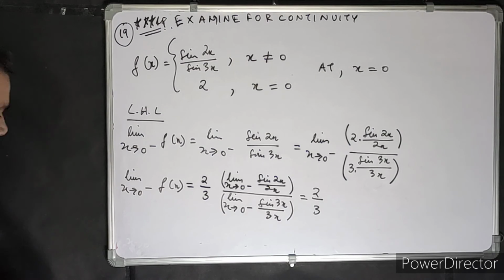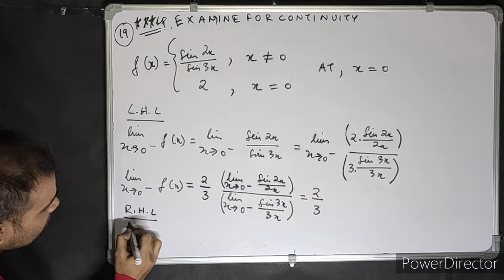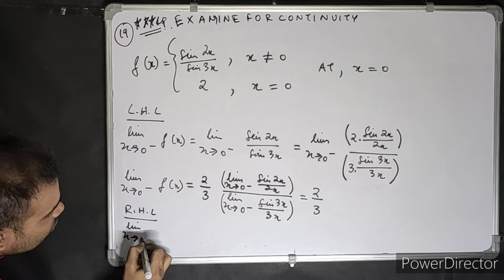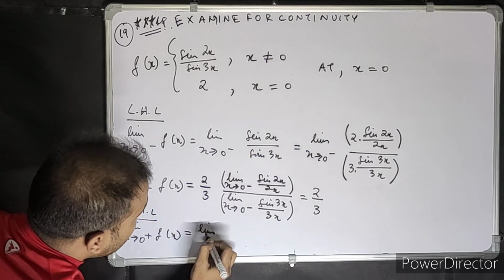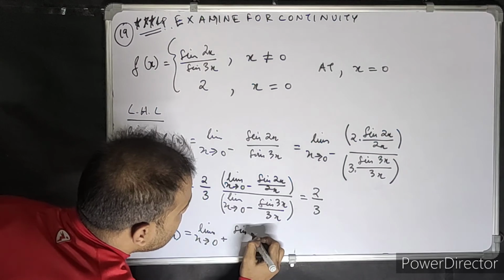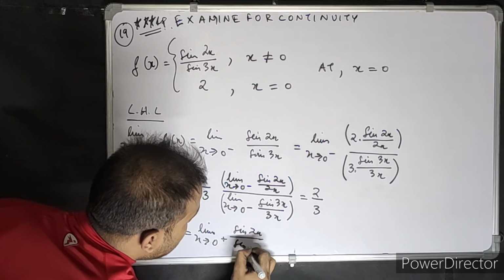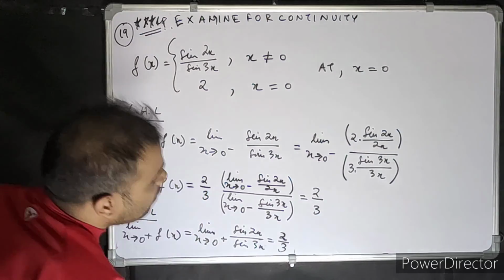Let's go on to the right hand limit. RHL, that's limit of x tends to 0 positive, f of x is equal to limit of x tends to 0 positive, sine 2x divided by sine 3x, the answer is 2 by 3.